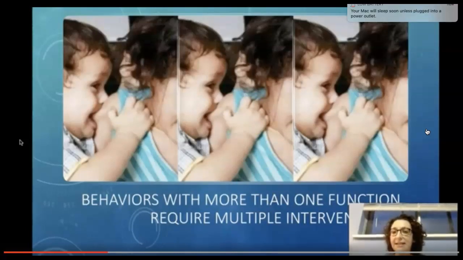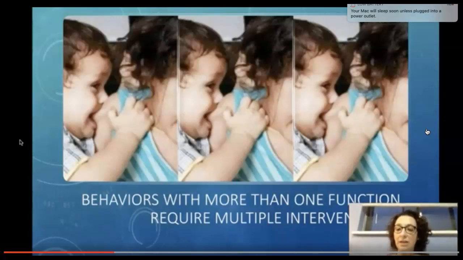So that's an escape function. Even though the behavior looks the same in every single picture, he's doing it for different reasons. The behavior is serving different purposes. So always remember that the behavior can serve more than one function.